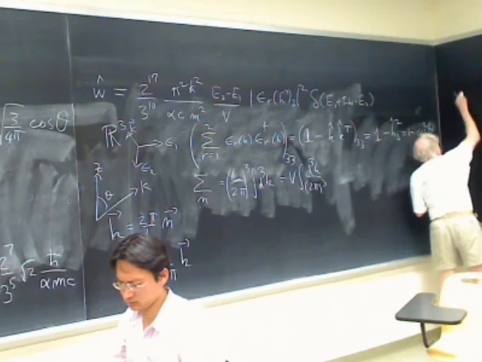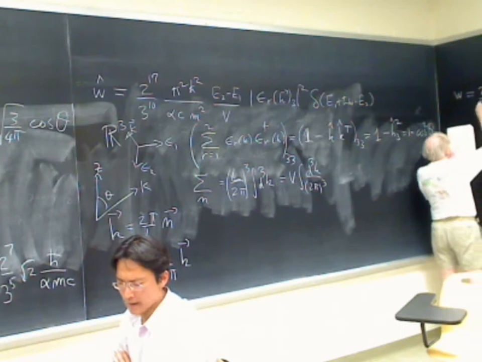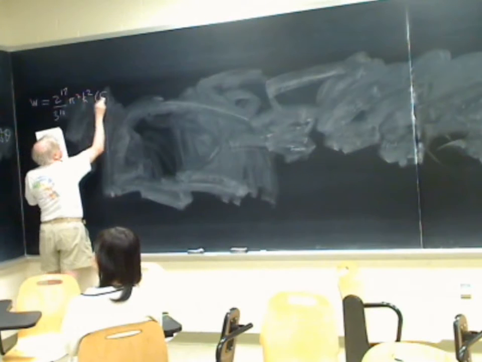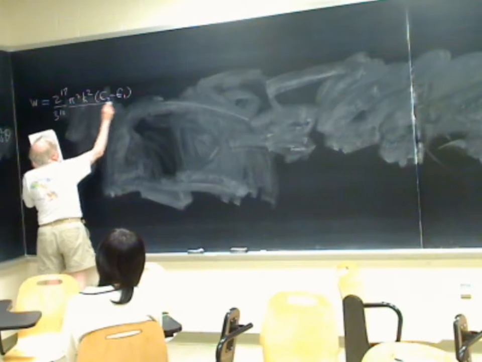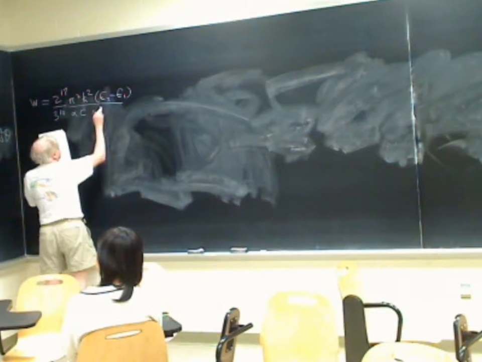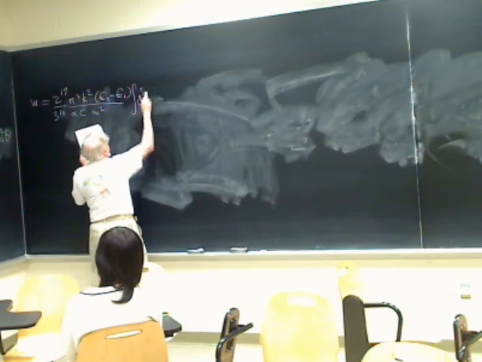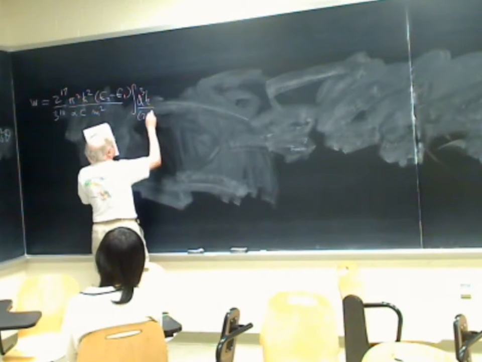So now the full transition rate is 2 to the 17th over 3 to the 10th pi squared h bar squared, E2 minus E1 over alpha c m squared, integral d cubed k over 2 pi cubed.